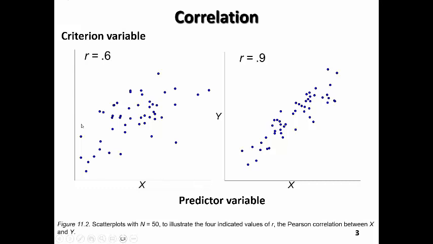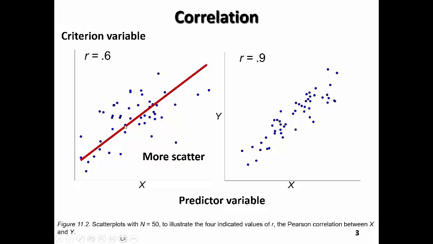And along the y-axis on both of these plots, we now call the variable of interest the criterion variable. One way that we will eventually work towards with the regression analysis is that we will fit what's called a line of best fit or a regression line as a descriptor of how the data plot between x and y.